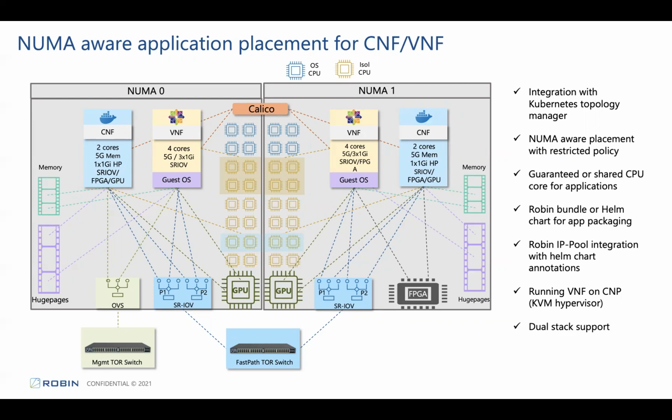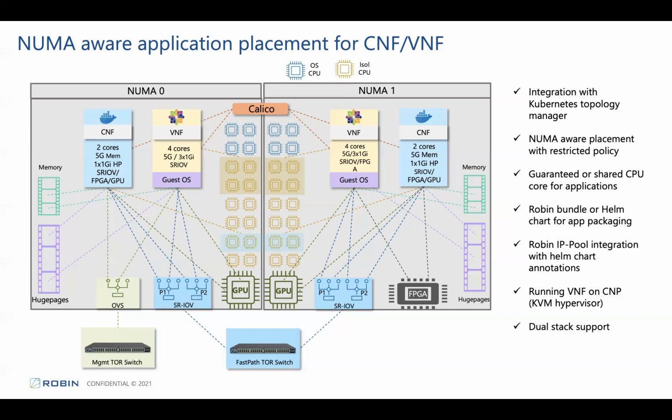If you are crossing the NUMA boundaries and consuming a resource from another NUMA node, then your performance would be degraded up to some level. So in order to make sure that the performance is met, we'll make sure that the resources such as CPU, memory, huge pages, SRIOV NICs, GPUs, or FPGA cards are assigned from the same NUMA.